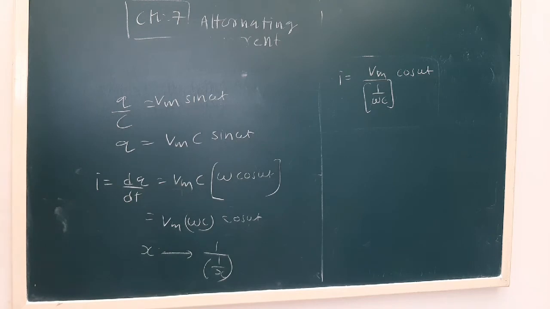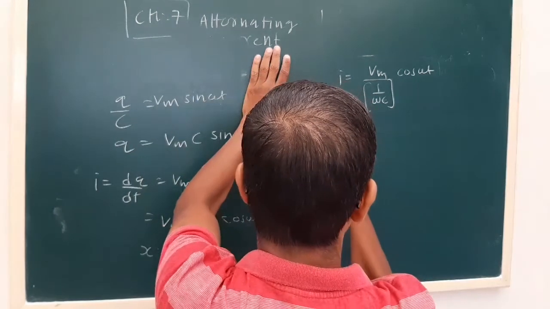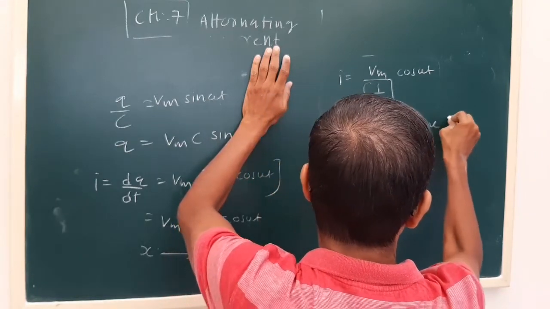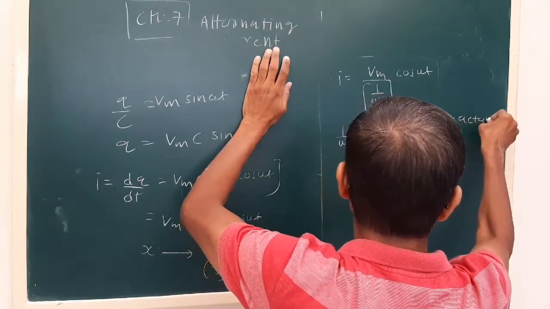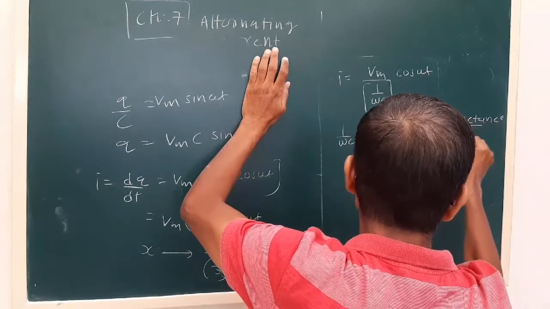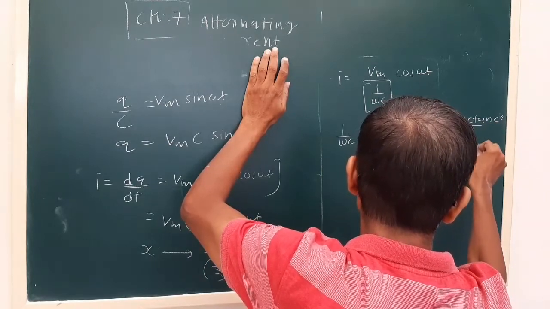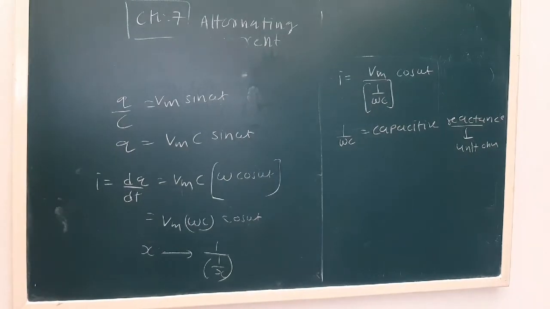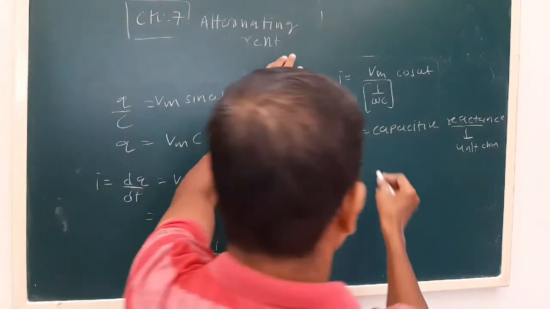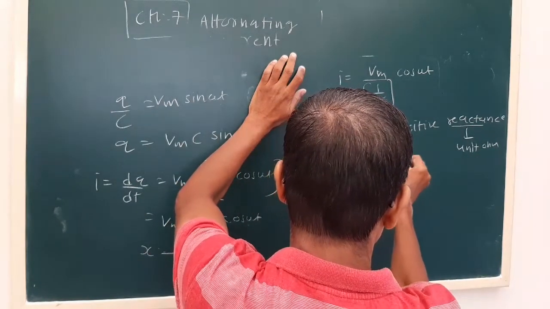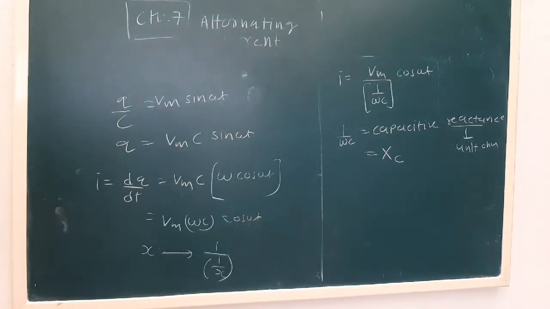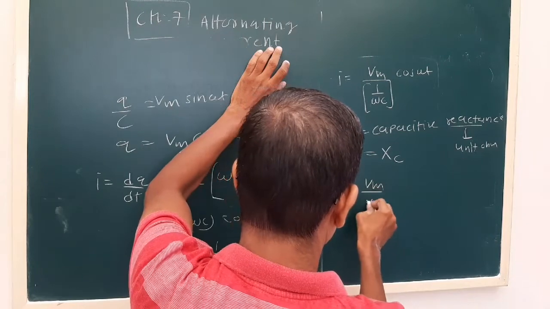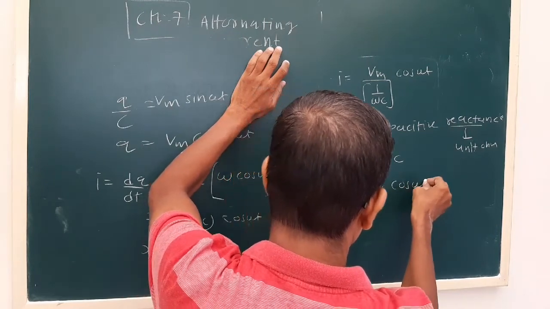Now this 1 upon omega C is called capacitive reactance. Reactance again, unit is ohm. So 1 upon omega C is called capacitive reactance. We call it Xc. So I is equal to Vm upon Xc cos omega t.